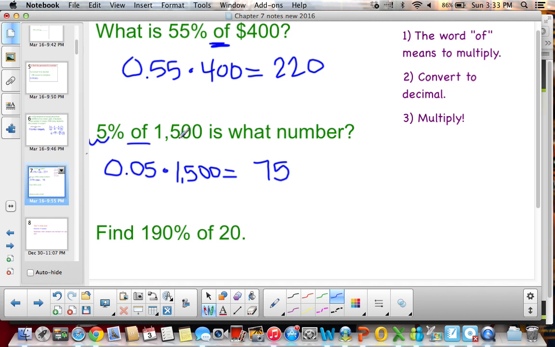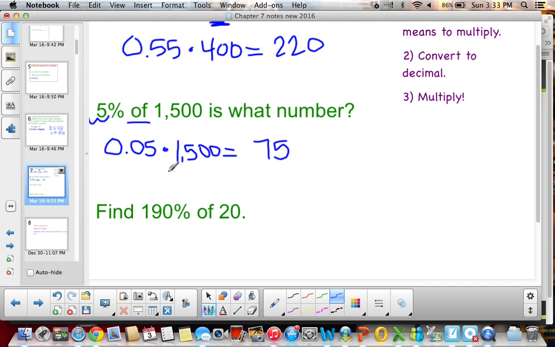Okay, find 190% of 20. I want you to pause me really fast and try this problem on your own and then come back and check. So 190% converted to a decimal is 1.90, or 1.9. The decimal doesn't always go to the left of the first number. We just go over to the left 2. 190% is over 100.